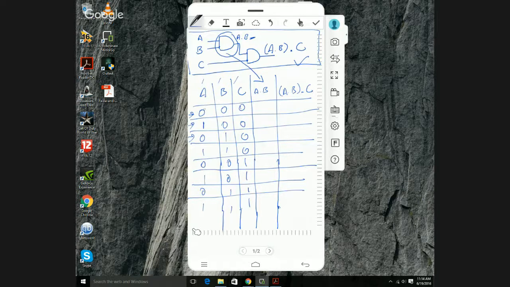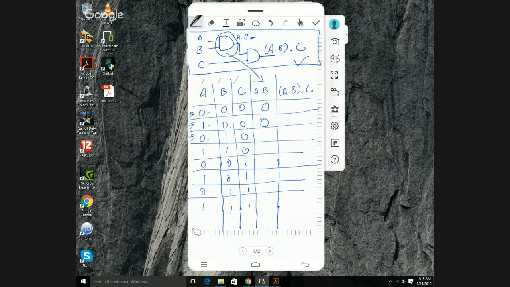So what is the first combination? 0, 0, and 0. These are all zeros, so we will get 0. What happens here? 1, 0, and 0. No, still 0, because only if all the inputs are 1 are we going to get 1. So this will continue like this.